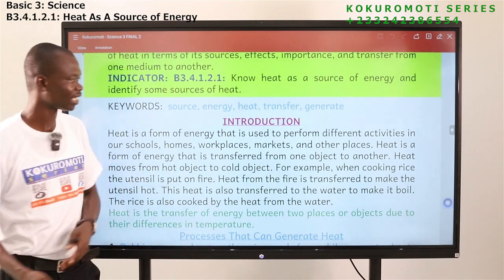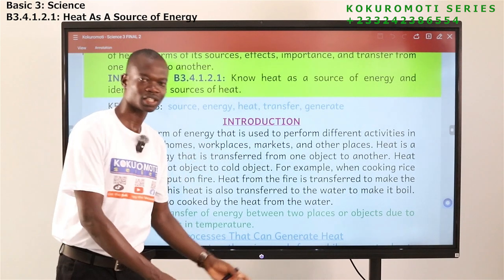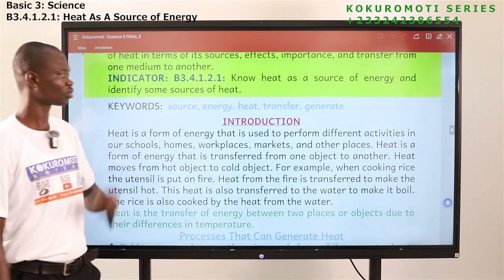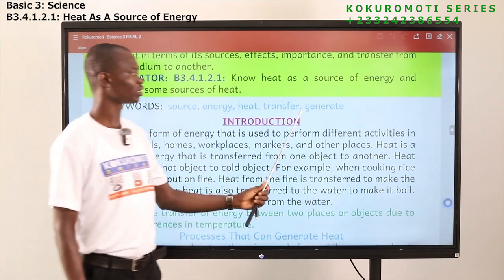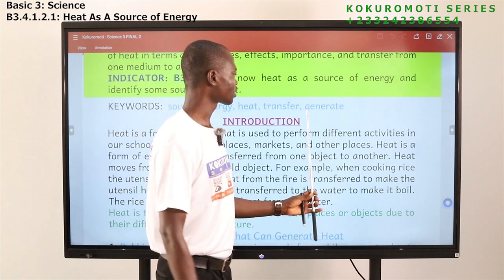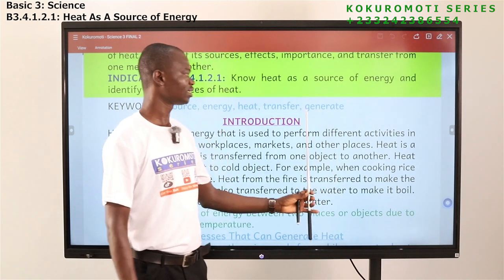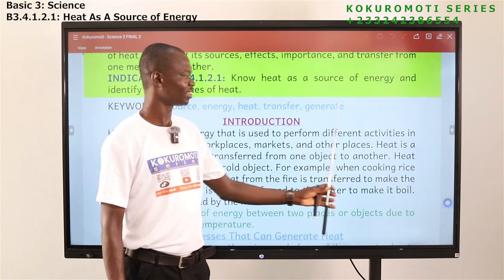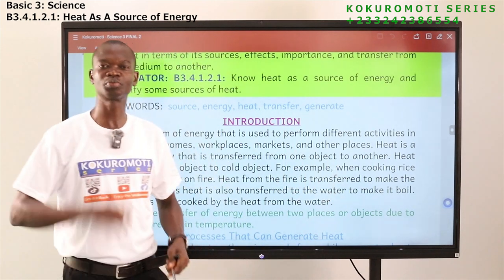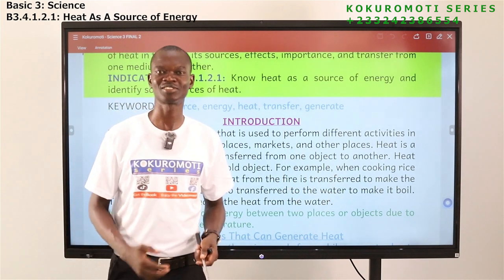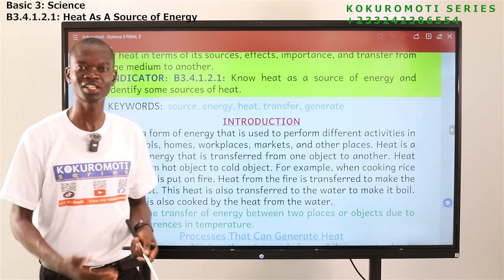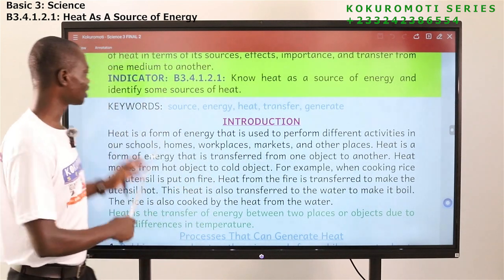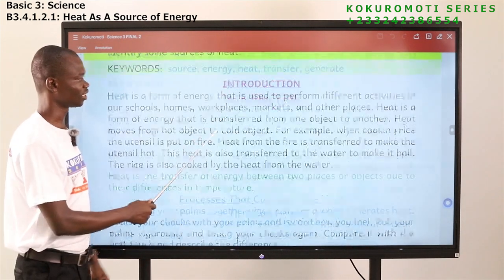The next word is generate. To generate means to produce something. So these are the words that we are going to see in our lesson.